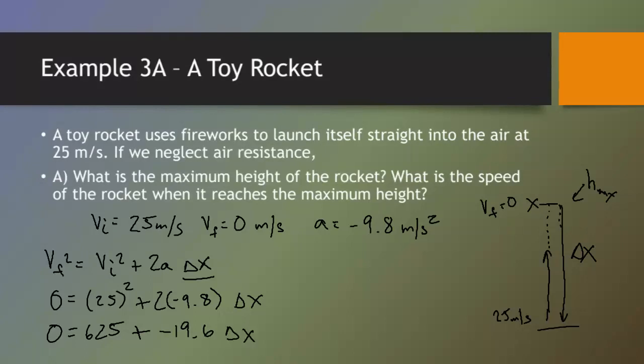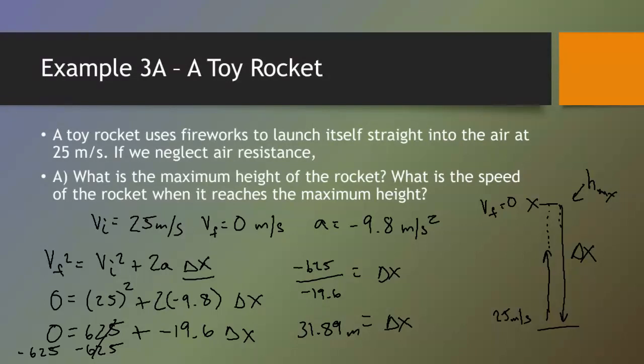Again, we just want to solve this. Subtract 625 from both sides, and we'll get negative 625 divided by negative 19.6 equals delta x. And that should give you 31.89, or 31.9 meters.